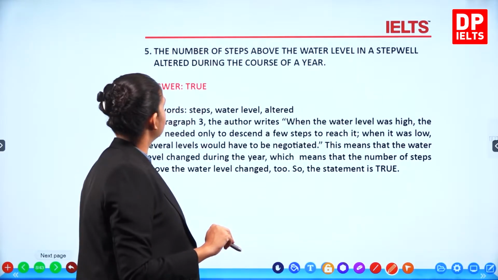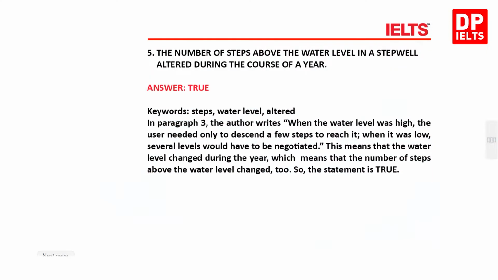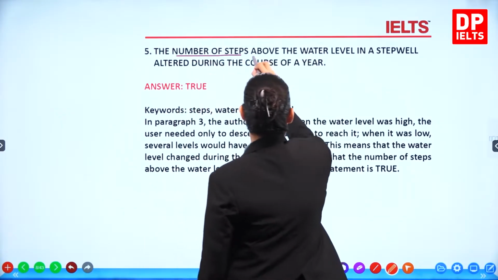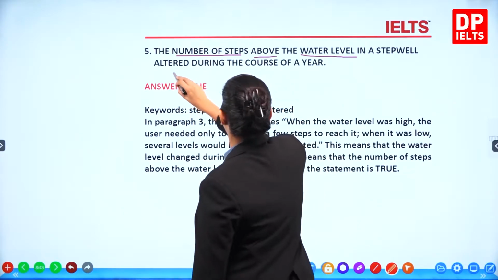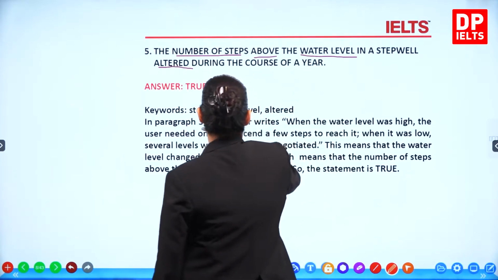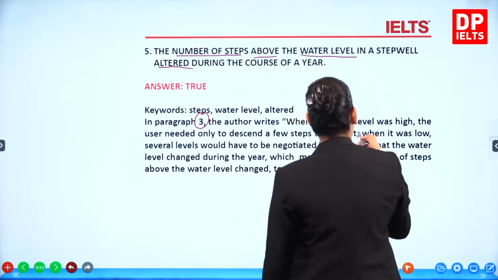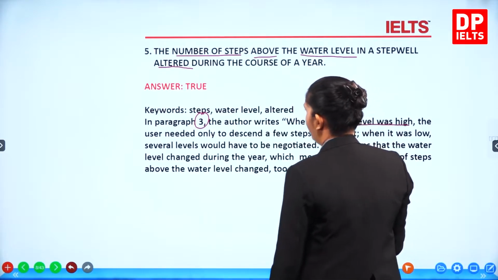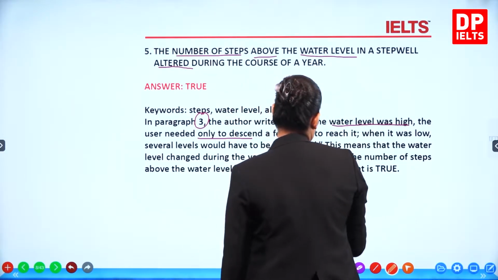The next one. The number of steps above the water level in a step well altered during the course of a year, right? Go to para 3. When the water level was high, the user needed only to descend a few steps to reach it.